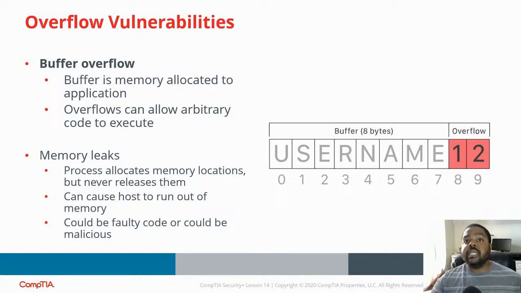So this is how you get kind of like a memory leak, where it leaks out information because the server doesn't know how to deal with the extra characters that are put in. So we need a buffer there to actually say, hey, this is the capacity, this is the limit of what you can actually put in. So let's say for most usernames, it's between 8 to 12 characters. And let's say there's no buffer, and I put a whole script of code into that username box.